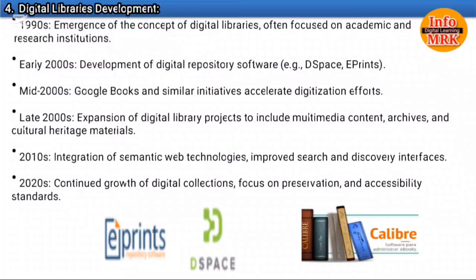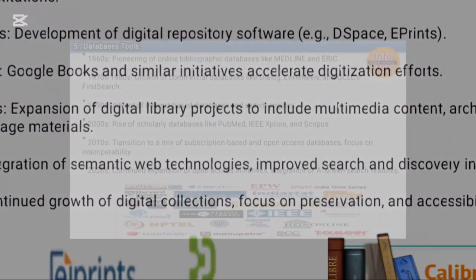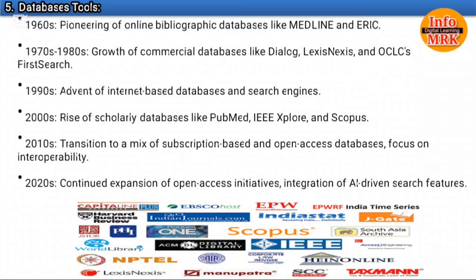In 2020, continued growth of digital collections focuses on preservation and accessibility standards. So ePrints, DSpace, library applications for digital library activities are performed by using these applications in the library growth and development.